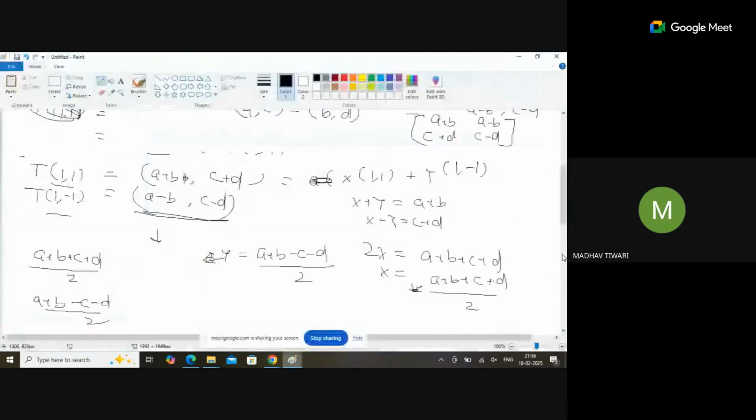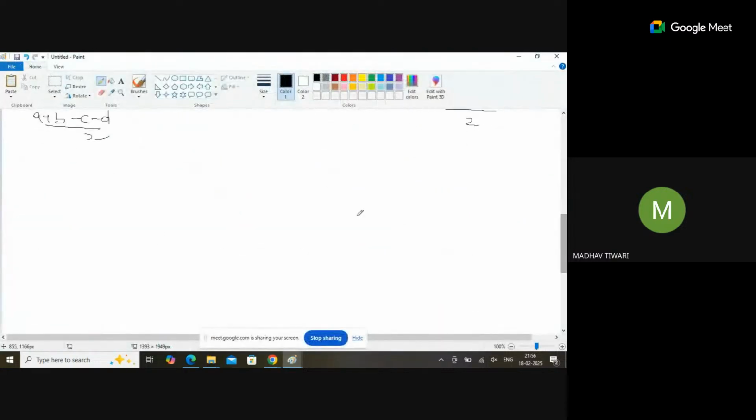If I have a transformation from vector space V to W, and all my elements of R2 are getting a unique image every time, I can say that for every unique image there is a unique pre-image. It is already given that it is injective, so it has a unique pre-image.